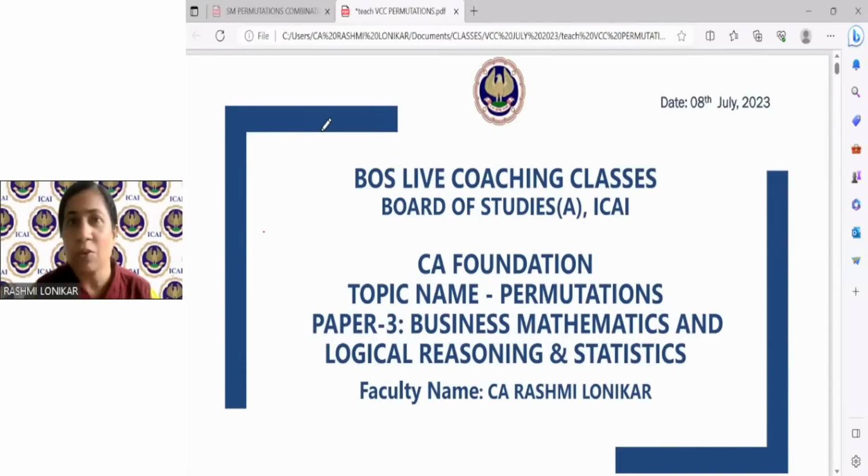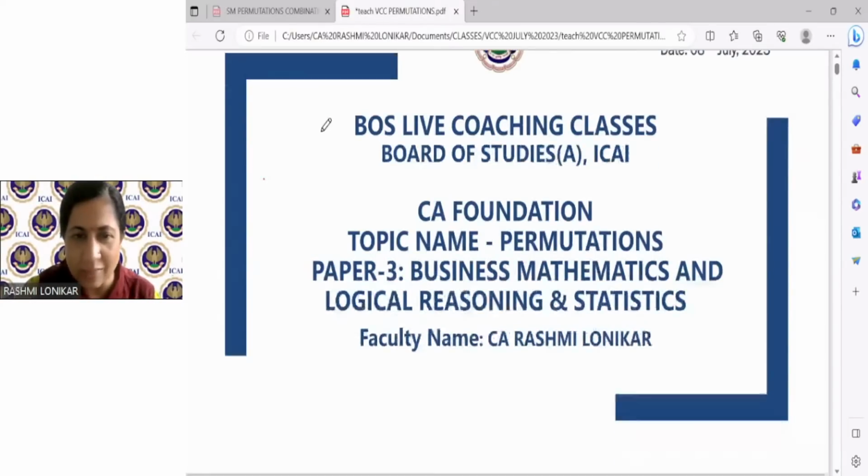Some of you, after your graduation, may want to go into analytics, business analytics, and then you may be interested in the topic of combinatorics. In all those cases, this is your foundation. In CA Foundation, this is your foundation chapter for bigger things to come. So having said that, let us dive into this.